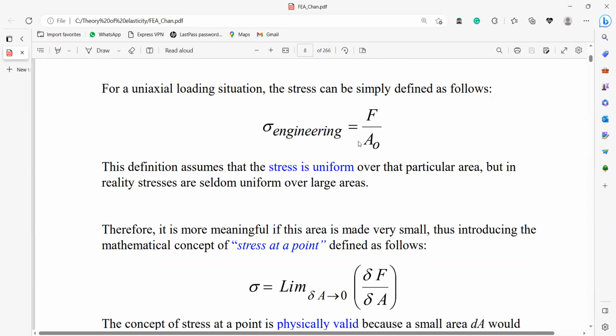Steel bars, steel rods, they fail with a cup and cone fracture. Whereas rubber, you would have experienced it. If you keep pulling it, the diameter at the center is going to decrease and the length is going to increase. So the area is not constant. But why is this constant here? Is this a correct assumption to have a constant area?